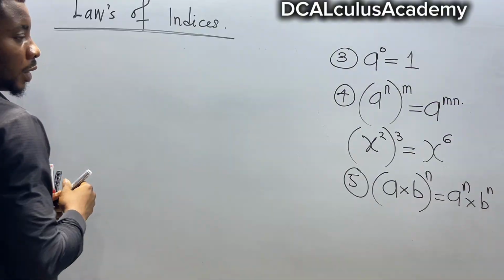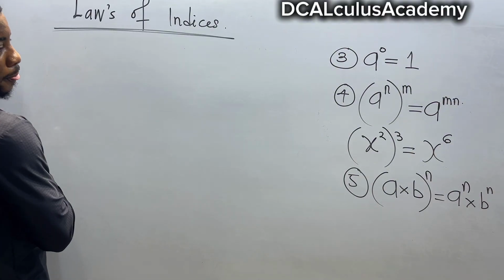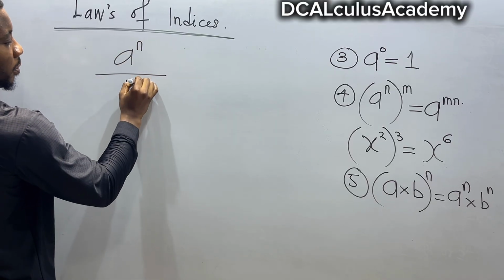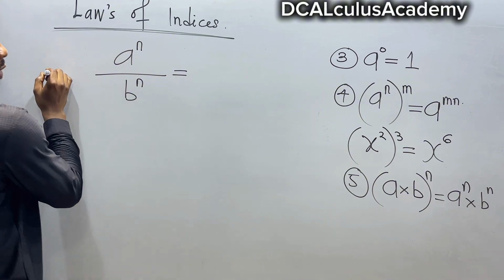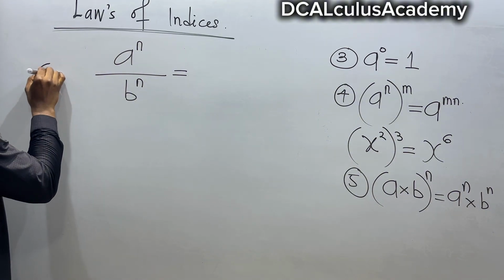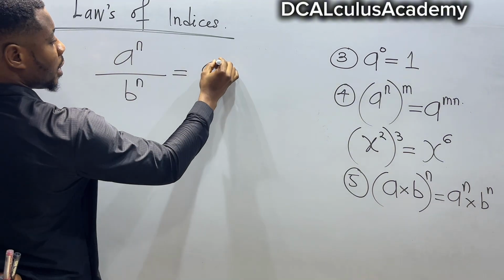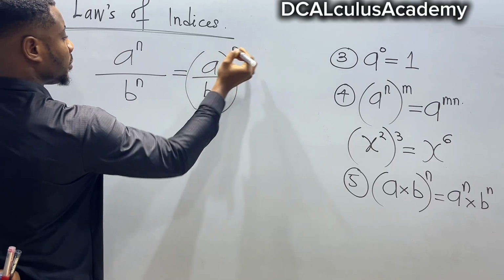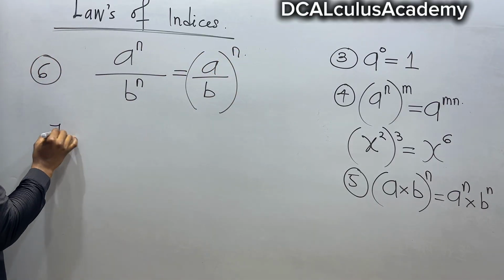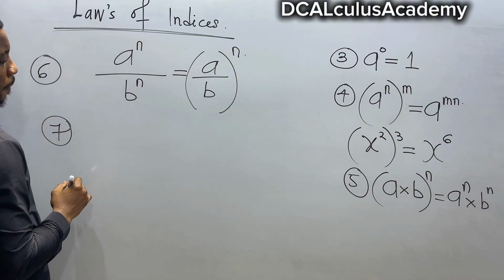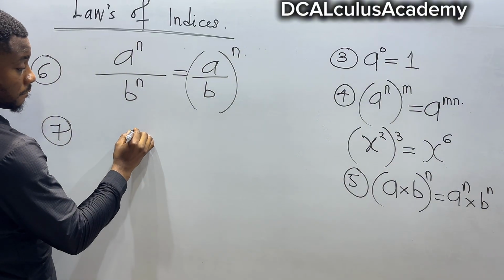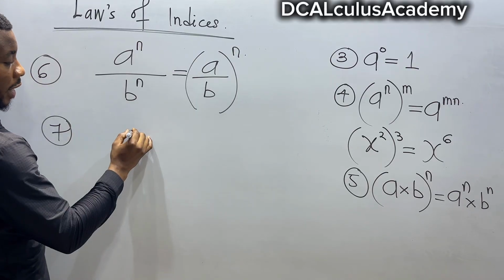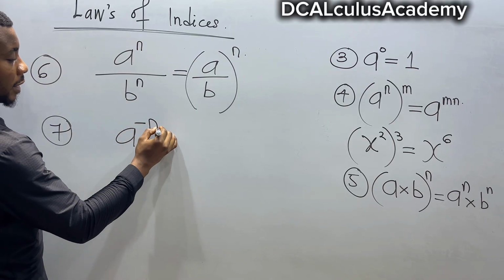Okay. Now, if I had a to the power of n over b to the power of n, this is law 6. This could be a over b all to the power of n. Now law 7. Let's say I have a to the power of negative n.